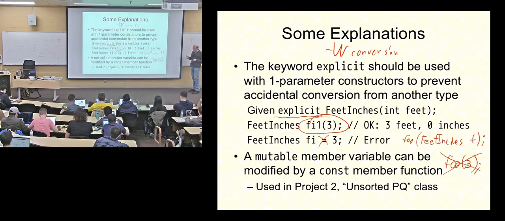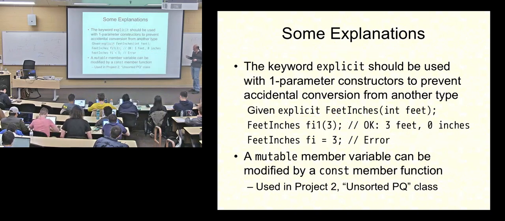The mutable, so mutable is something else, and when we give you the starter code for project 2, there will be an unsorted priority queue that's already written that uses mutable and you can look at what it does.